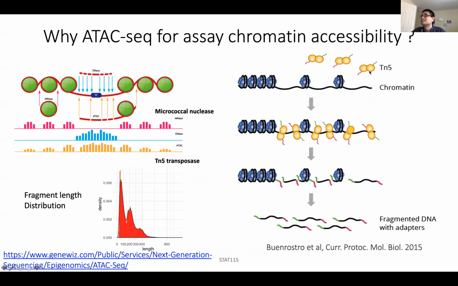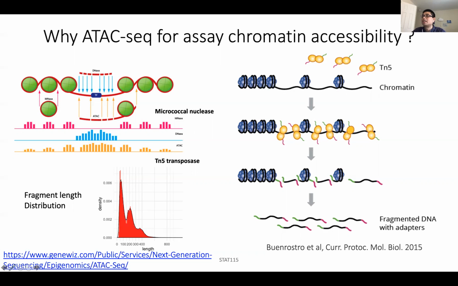It utilizes this hyperactive Tn5 transposase to cut the DNA which is open, and it inserts sequencing adapters into the chromatin regions. Then high-throughput sequencing yields those reads that indicate regions of increased accessibility.